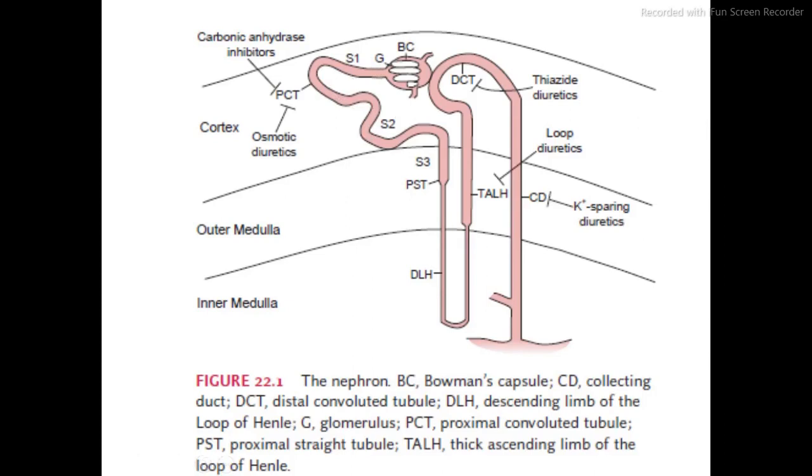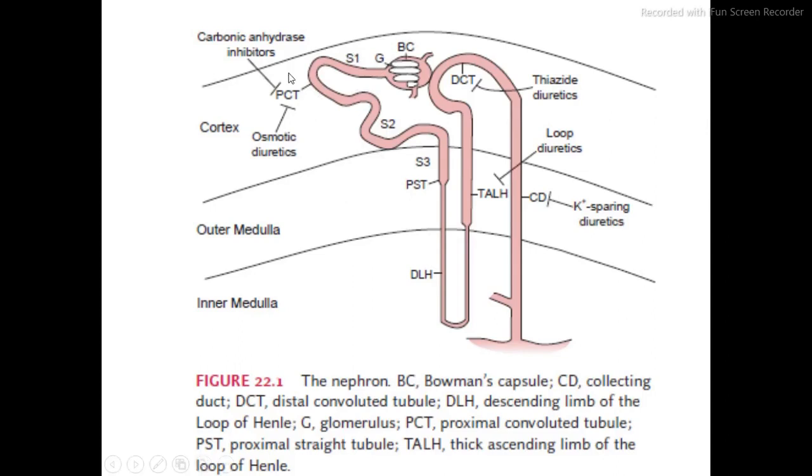ओके, तो बाइकार्बोनेट का रीअब्जॉर्प्शन कैसे होता है ये उन्होंने बताया. तो कैसे होता है बाइकार्बोनेट का रीअब्जॉर्प्शन? दैट इज कि जो अपना ये पीसीटी फेज है, ये पीसीटी फेज में एक एंजाइम रहता है. द नेम ऑफ द एंजाइम इज कार्बोनिक अनहाइड्रेस.